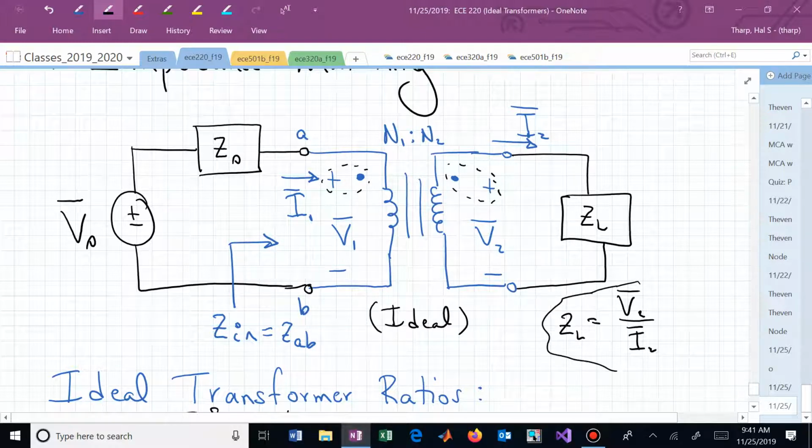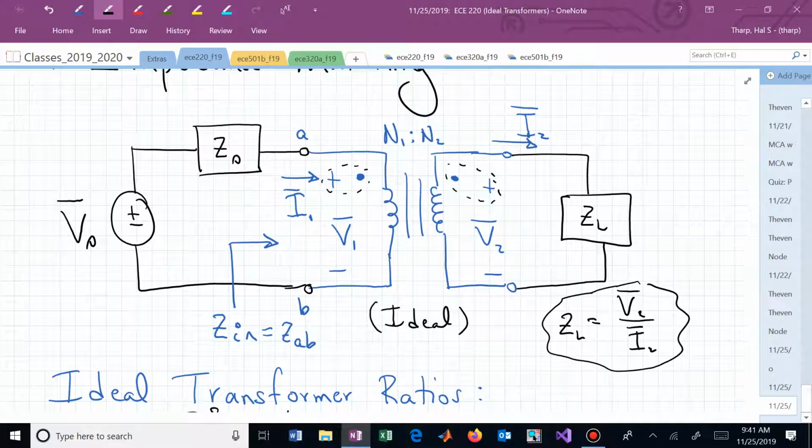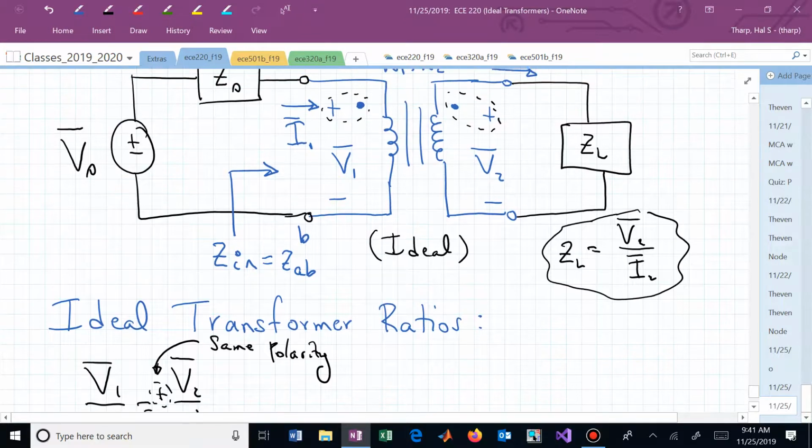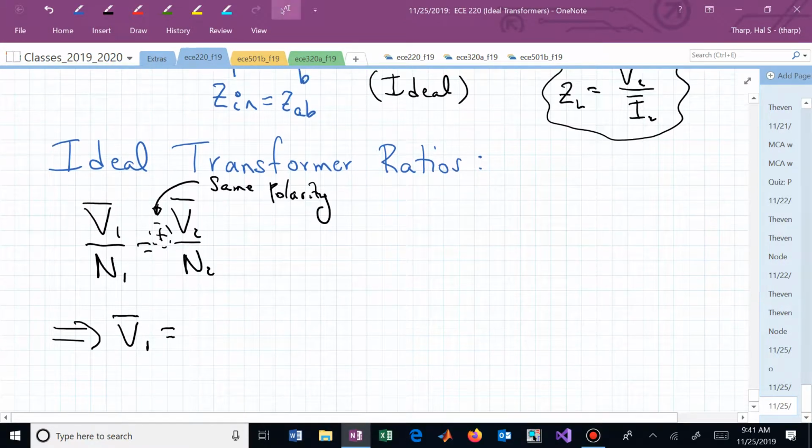So we want to be able to now find something that involves the ratio of the V2 phasor over the I2 phasor and the V1 phasor over the I1 phasor. V1 in terms of V2 is now N1 over N2 V sub 2. That we'll be able to use.